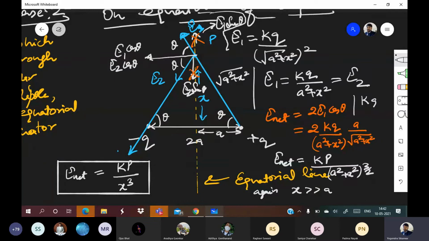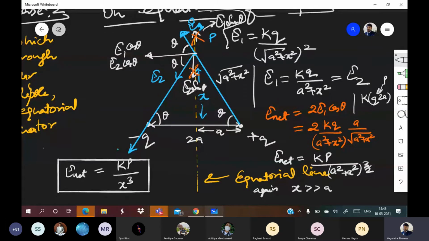That is P. So that's what we have written. And in the denominator, that is the same thing: a square plus x square into under root of a square plus x square. That means a square plus x square power 3 by 2. Once again, I am telling you, a into root a is equal to a to the power 3 by 2. X into root x is x to the power 3 by 2.